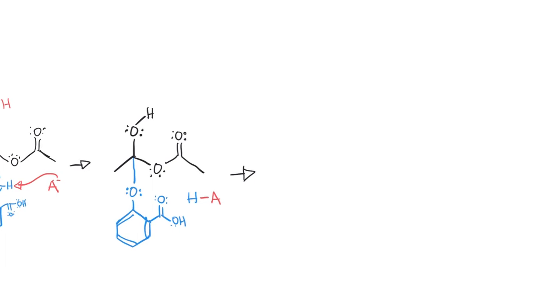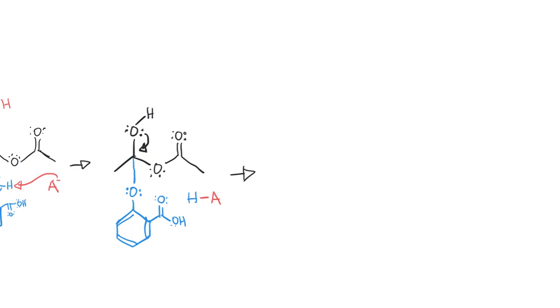And this oxygen right here, the lone pair is going to go down and reform a pi bond. Now what happens is this carbon that's right here can't have 5 bonds. So one of the bonds is going to break.